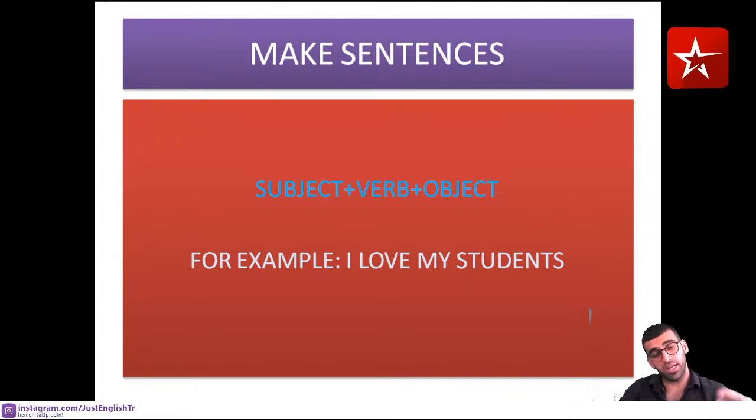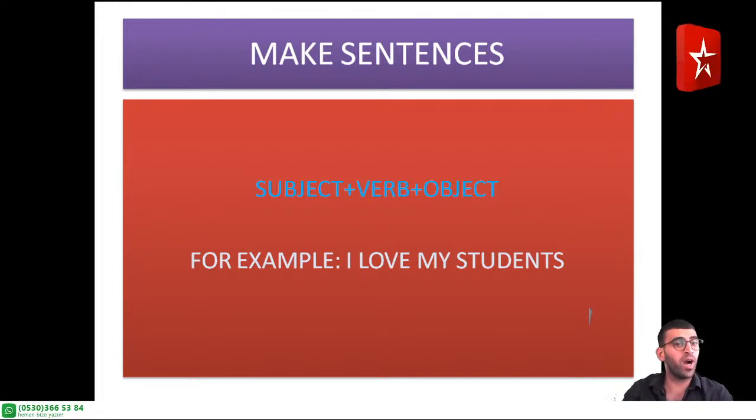So, if you remember, at first I told you that reading is important. Why reading? Because if you read a paragraph a day, you can see the words, how they are used in the paragraphs and in the sentences, and you can notice, realize, and take notes. For example, the word is environment.